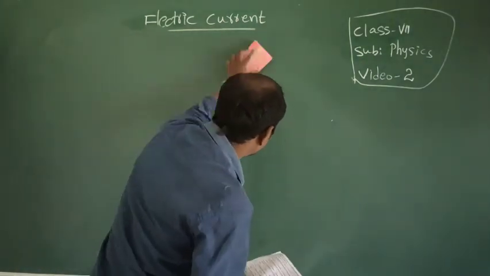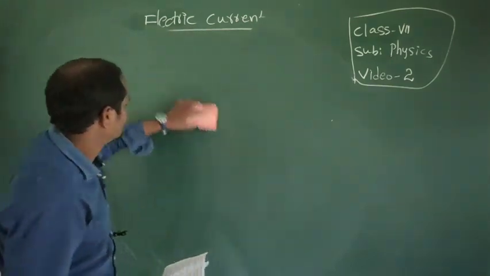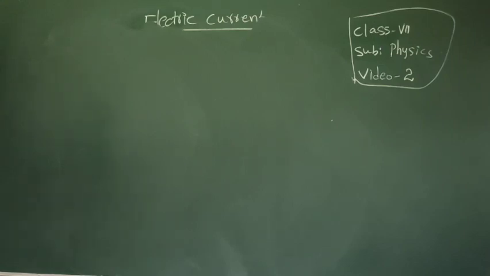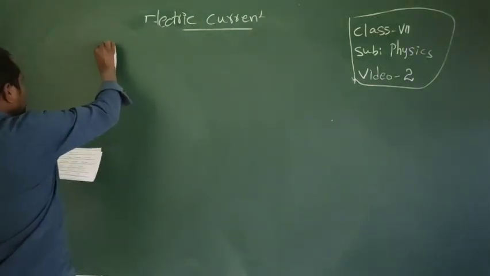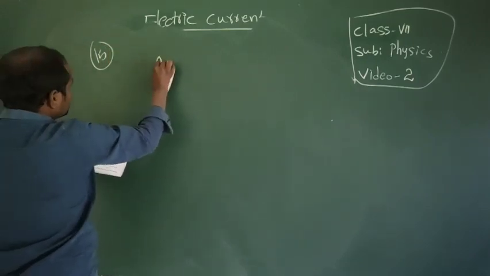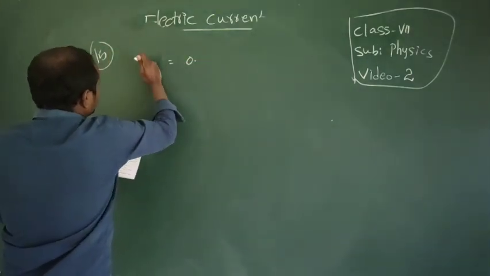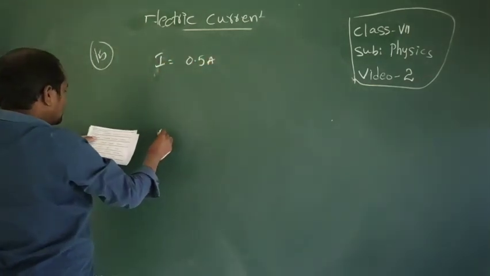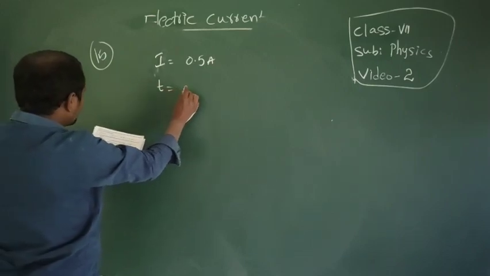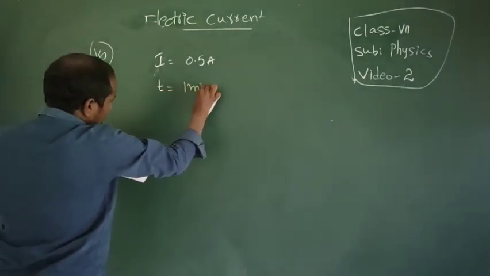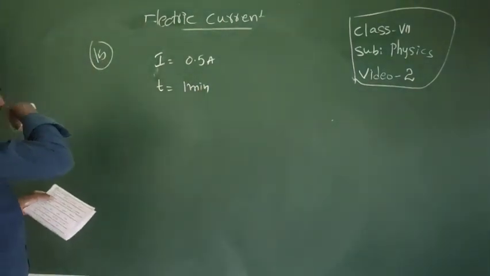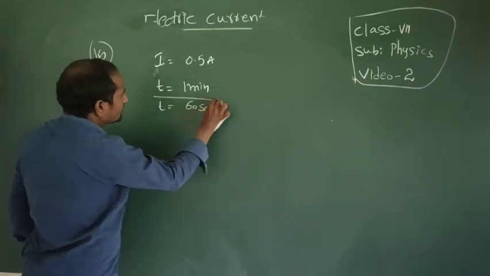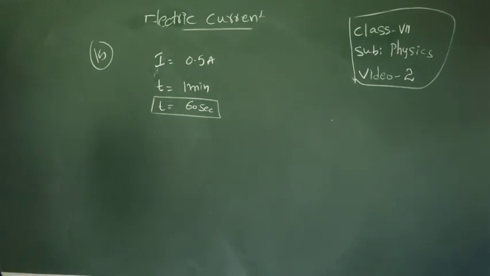Here I is given: I equal to 0.5 A. Next, time is given. Time equal to 1 minute, that is equal to 60 seconds. T equal to 60 seconds.